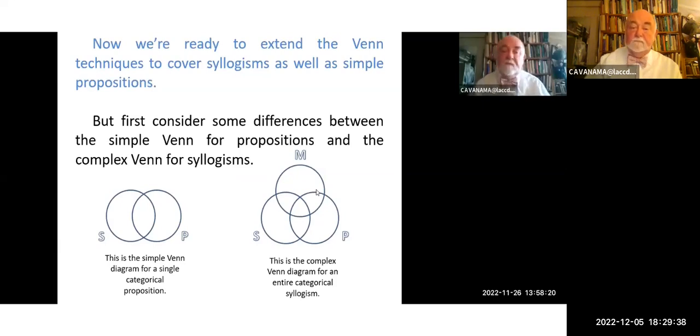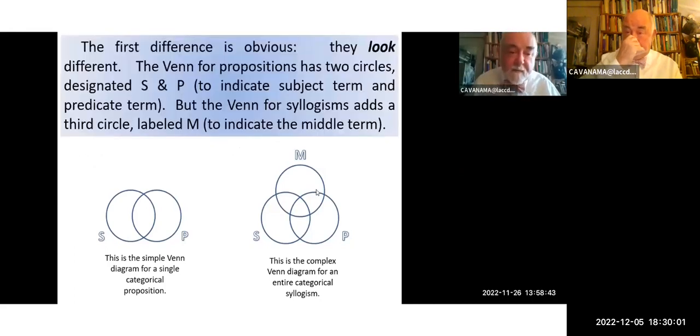Okay, the obvious similarity is they both have S and P at the bottom, and the difference is that the complex one adds a third circle and labels it M, sticks it on the top. By the way, you get used to doing it this way. It's just easier to be systematic about it. You'll sometimes see people put the M on the bottom, you're not incorrect, but it's just less confusing one way. So let's.